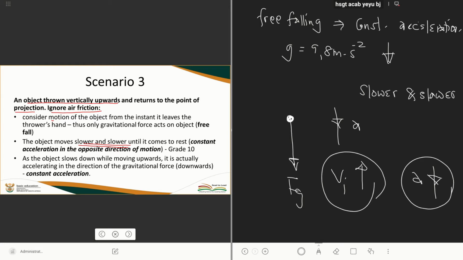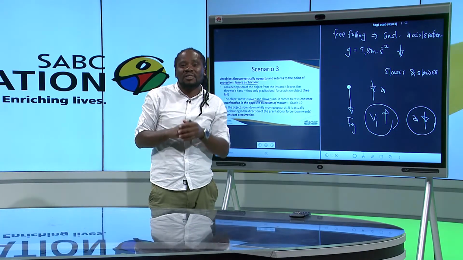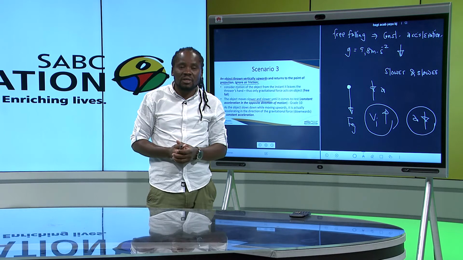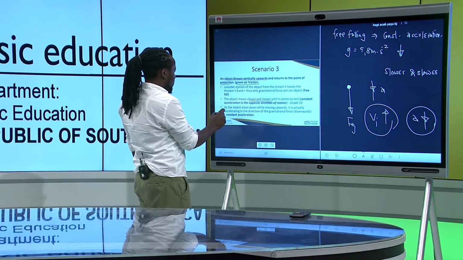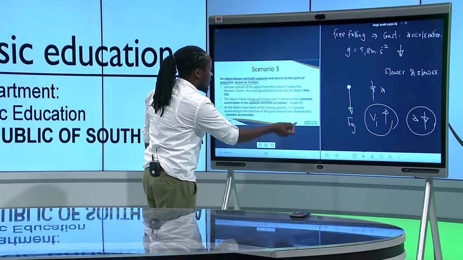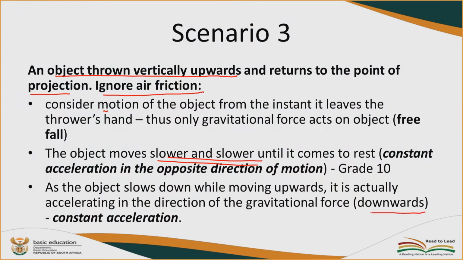So as an object is moving slower and slower going upwards, it is actually accelerating in the opposite direction of motion, which is vertically downwards, right? As the object slows down while moving upward, it's accelerating in the direction of the gravitational force, which is downwards, just to reiterate that point. However, the acceleration remains constant, very, very important, right?